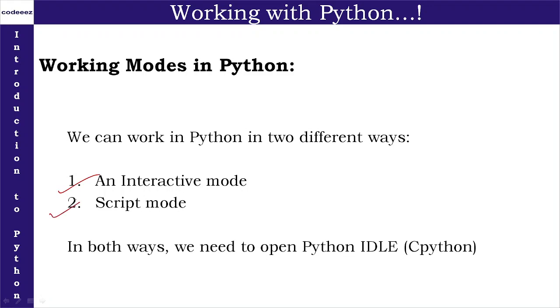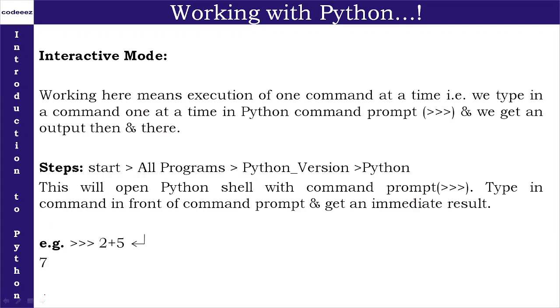So first we will talk about interactive mode. When we talk about interactive mode, we can simply give commands on the Python shell and immediately get the output in the very next line. This is how interactive mode works. That is, only one command can be executed at a time, right?